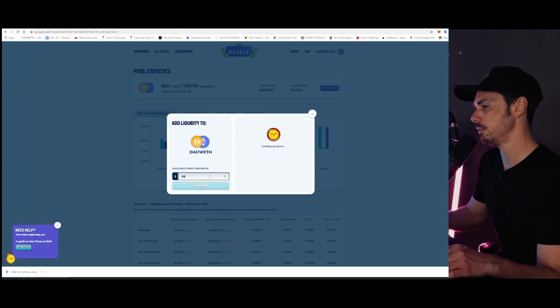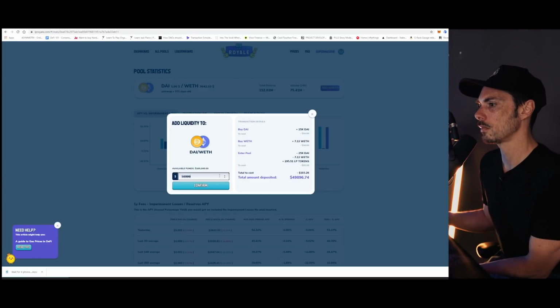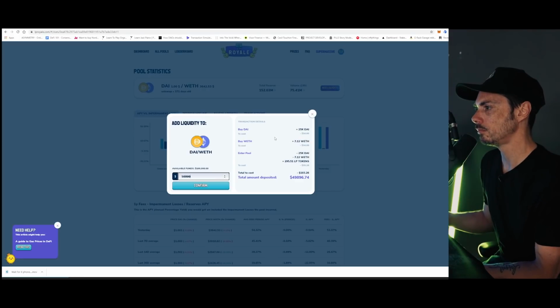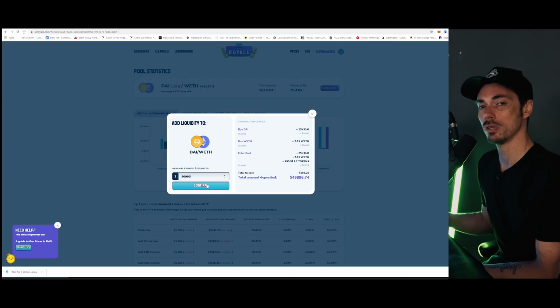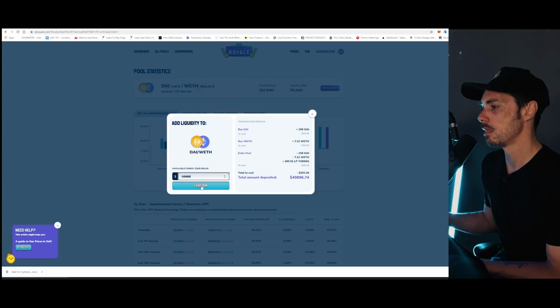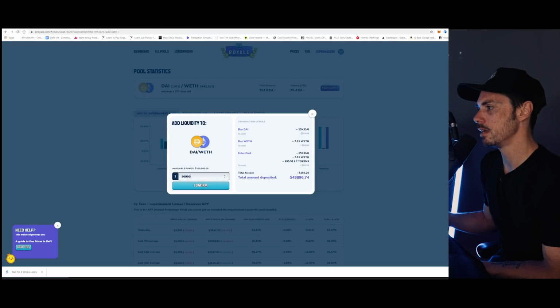And we're going to put in 50,000 in that. So in order to do that, we will need to buy $25,000 worth of DAI, and we will need to buy 7.13 wheat, because we have to put the two tokens in a ratio of 50-50, and that's why we're buying 25,000 DAI.